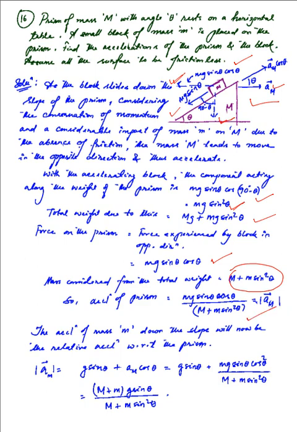Now, because the prism moves, the acceleration of the block is affected. The block, which was moving probably with g sin theta being the only acceleration, because of the motion of the prism, or the acceleration of the prism in the opposite sense, we have a relative acceleration.